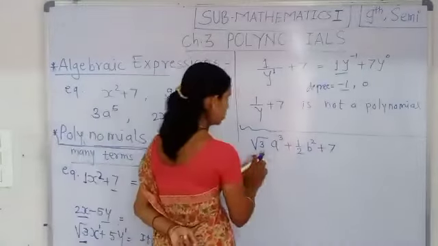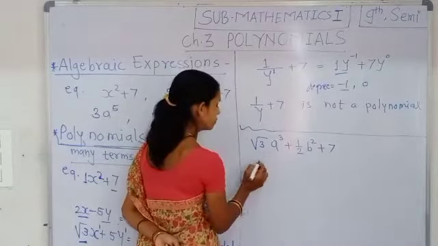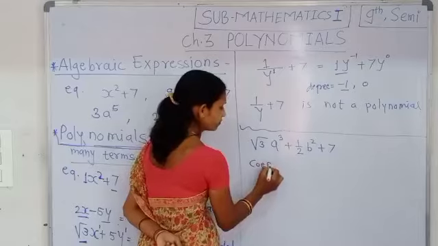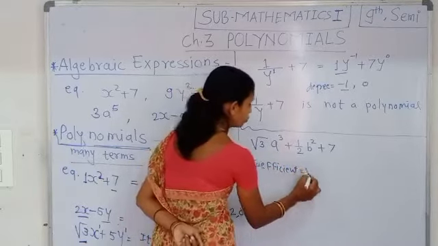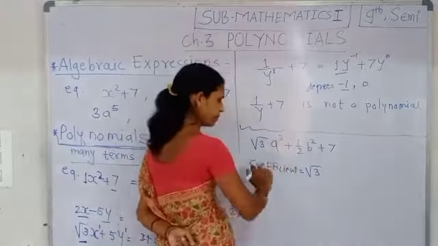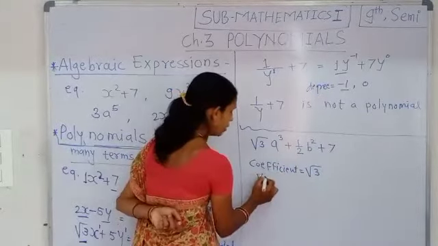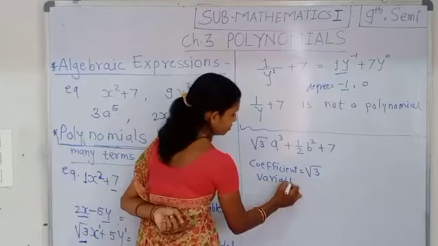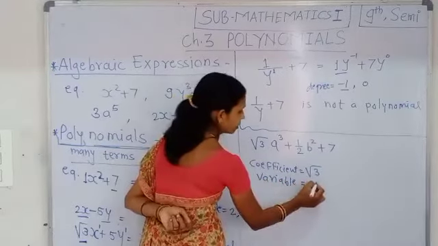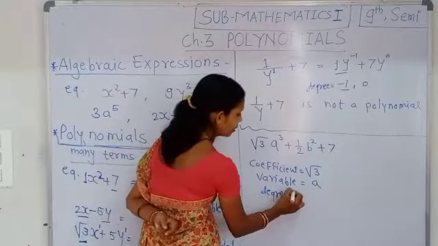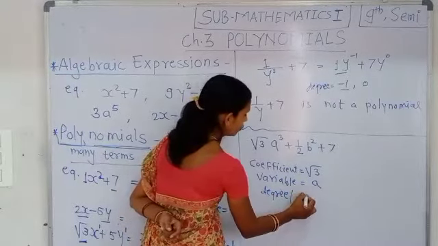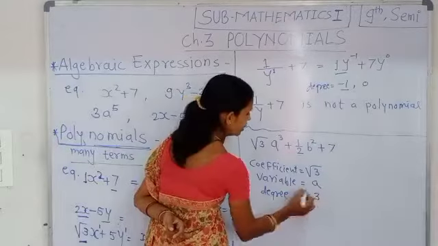First of all, see here, in the first term the coefficient is root 3, which is a real number. Here the variable is a, and the degree, or power or exponent, of variable a is 3.